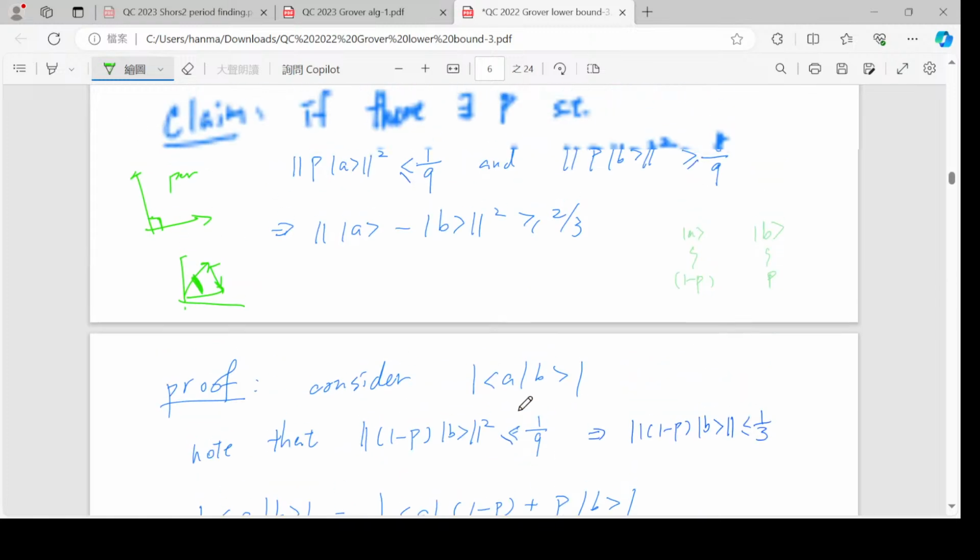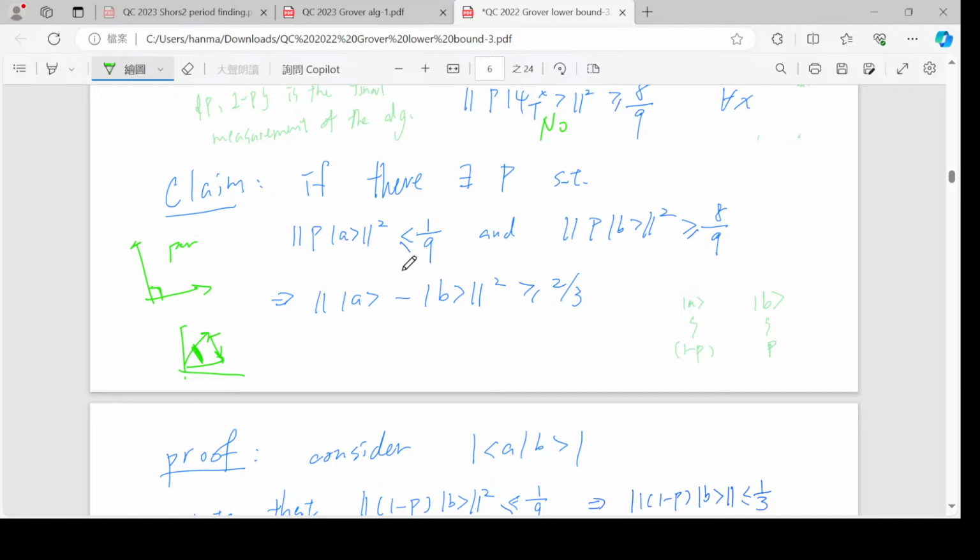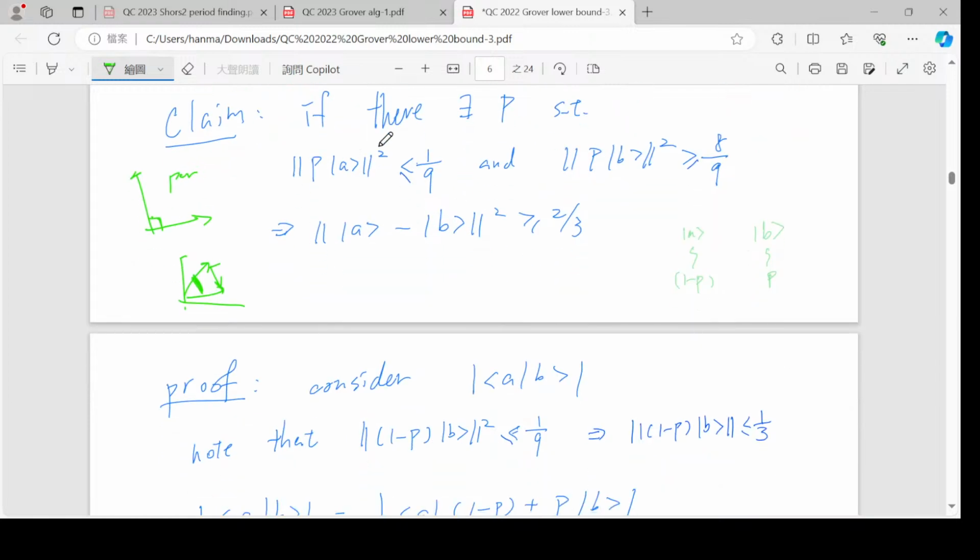We start with the condition that A applied by the projector is less than 1/9, and B applied on the projector is greater than or equal to 8/9. We think A corresponds to the 1 minus P part, and B corresponds to the P part.